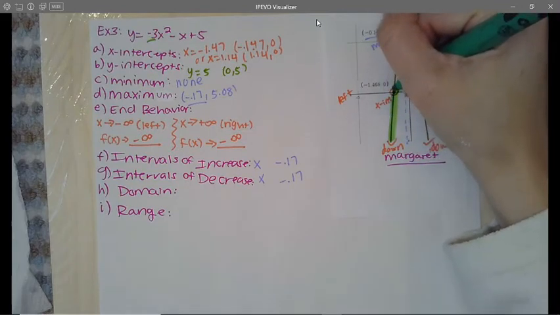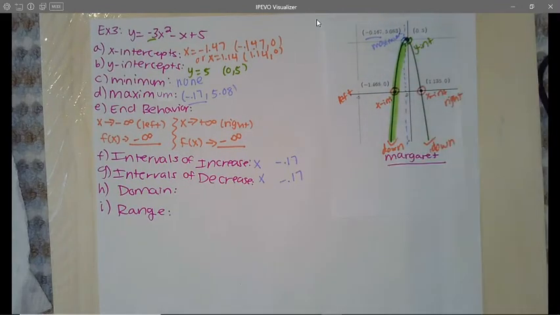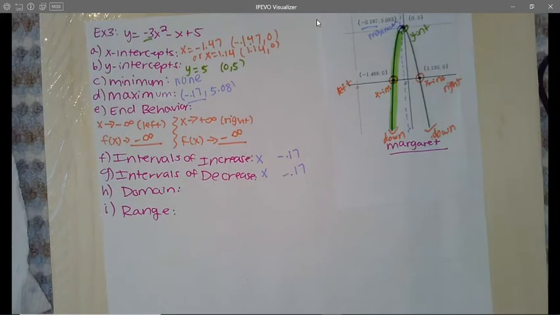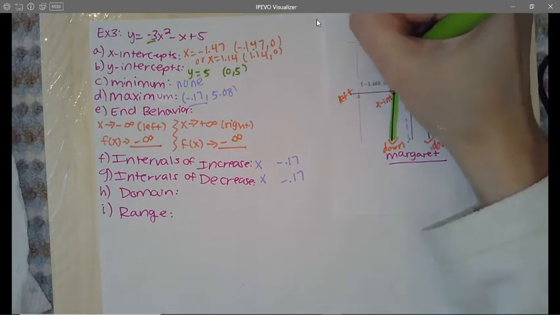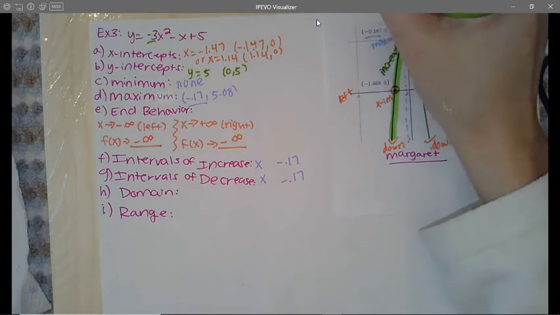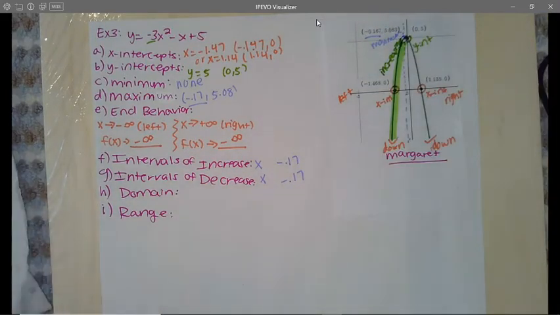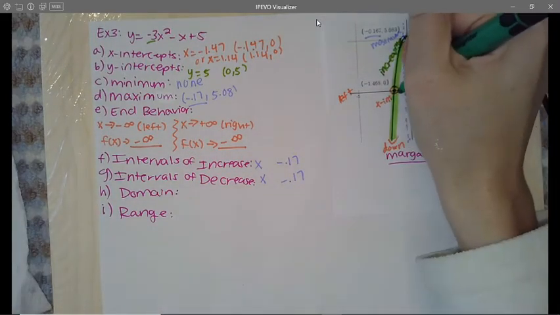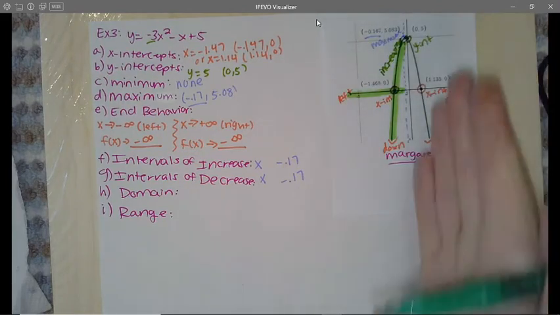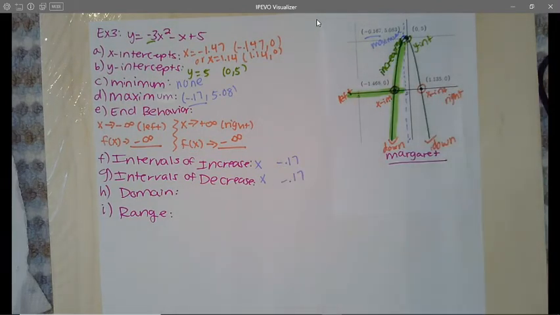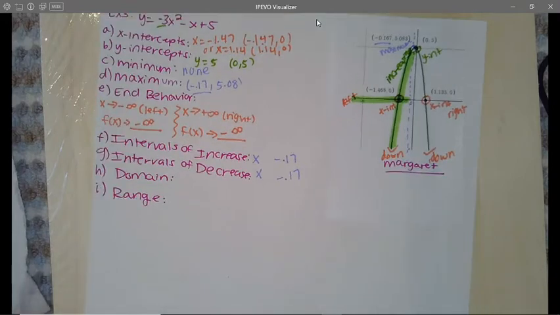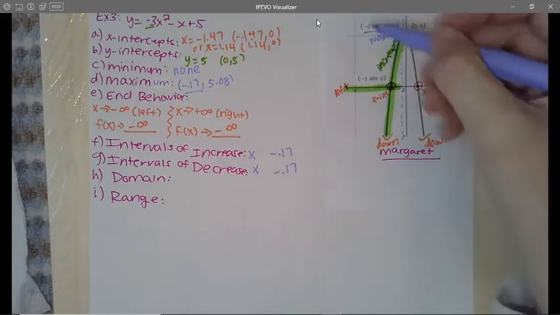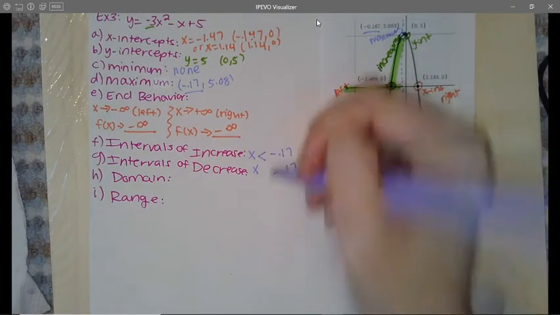So on the left, as I trace, I'm heading upward. So what do you guys think? Am I increasing or decreasing on the left? I am increasing. You guys are so smart. So I'm increasing. Okay, so the values that are to the left of my line are increasing. And these are the values that are less than -0.17. So the interval of increase is x less than -0.17.